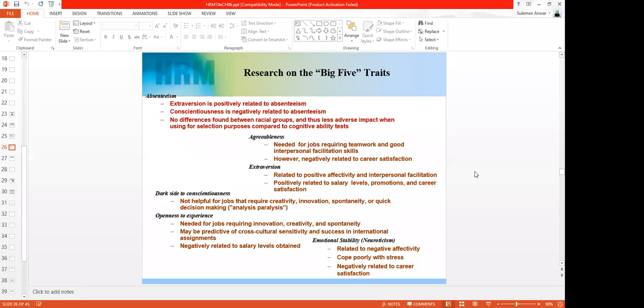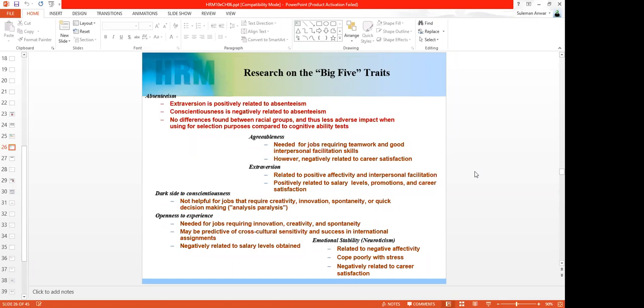Okay. Now, these are the evidences. These are the factors which help us determine who is the right person for the right job at the right time. The third finding related to absenteeism was that no differences were found between racial groups, and thus there is less adverse impact when using it for selection processes compared to cognitive ability tests.